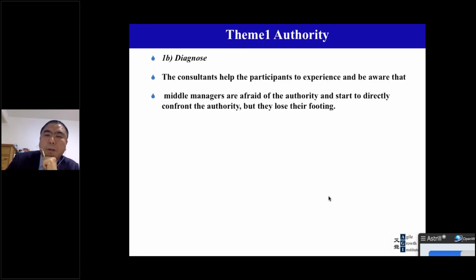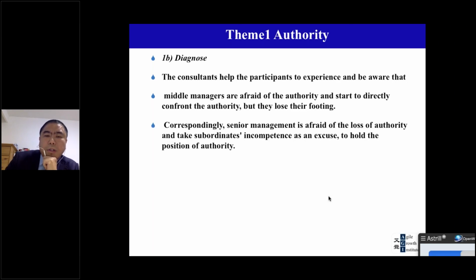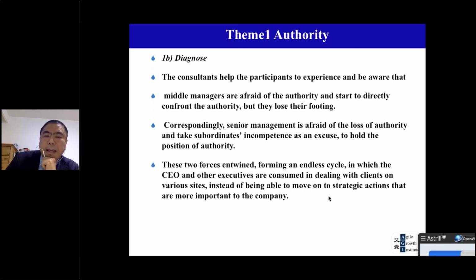So the consultant helps the participants to experience and be aware that middle managers are afraid of authority and start to directly confront the authority, but they lose their footing. Correspondingly, senior management is afraid of loss of authority and takes subordinates' incompetence as an excuse to hold the position of authority.